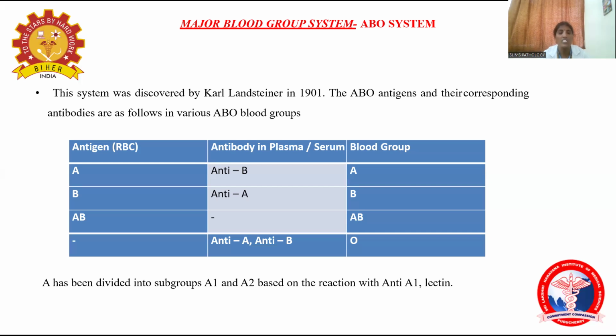So if the RBC carries A antigen in the cell membrane, as per Landsteiner's law, what antibody should it have? The corresponding antibody should be absent. The corresponding antibody of A is anti-A, so it will be absent. But those persons carry anti-B antibody, right? Why?